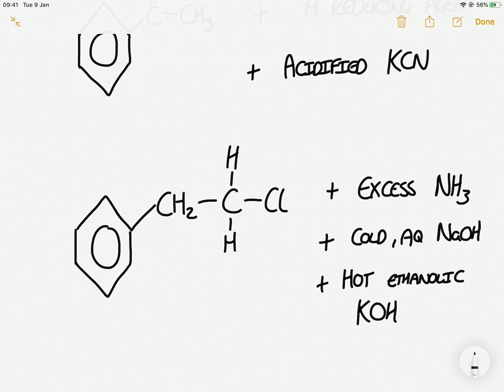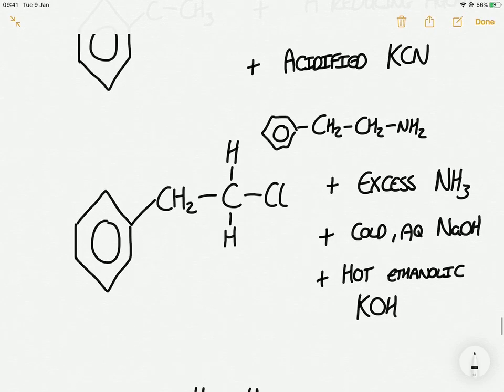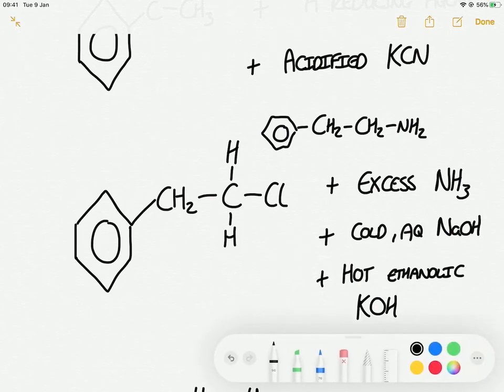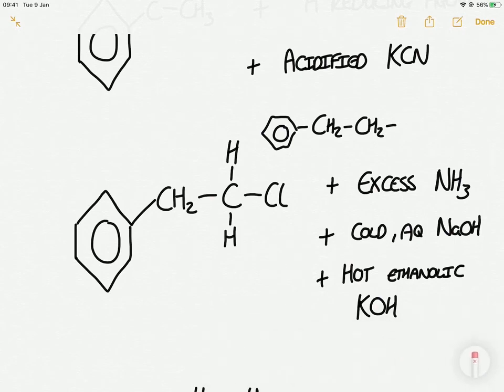So with the excess ammonia, we would anticipate that we get an amine. With the cold aqueous sodium hydroxide, we would anticipate that we'd get an alcohol.